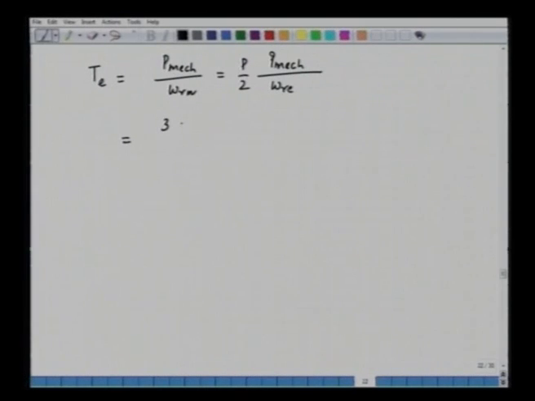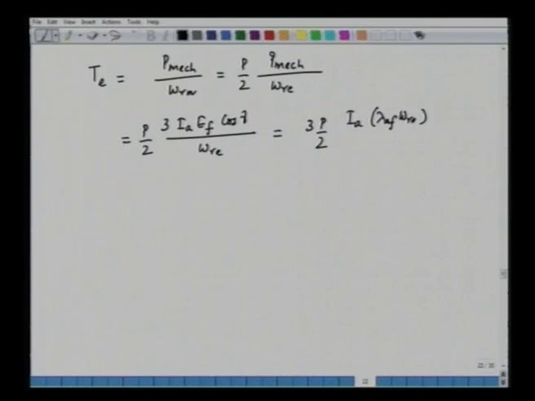So, 3 IA EF cos gamma by omega E, and we multiply that by P by 2, then we can say that this is 3 P by 2 into IA, and the induced EMF we can replace by lambda AF, the field flux linkage, into omega E into cos gamma, divided by omega E.